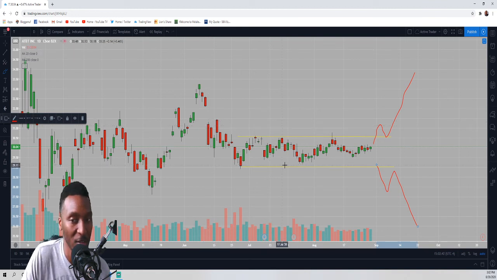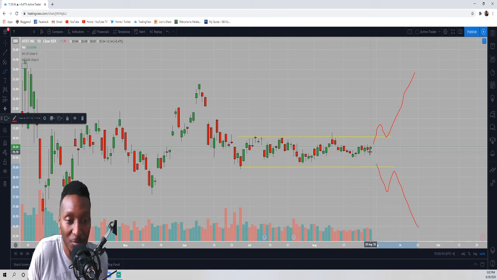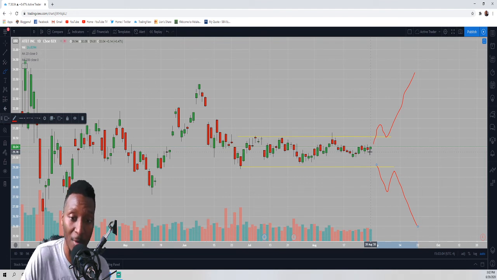If you're just trading stock, you're just looking to pick a direction. This isn't a bad place to buy some stock, because you don't have much to lose. You know, AT&T is a stock that, for the most part, if AT&T goes to zero or goes bankrupt, we're in a lot of trouble. A lot of stocks are going to go to zero.